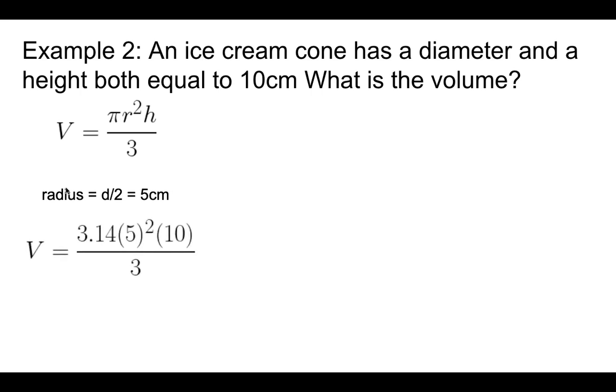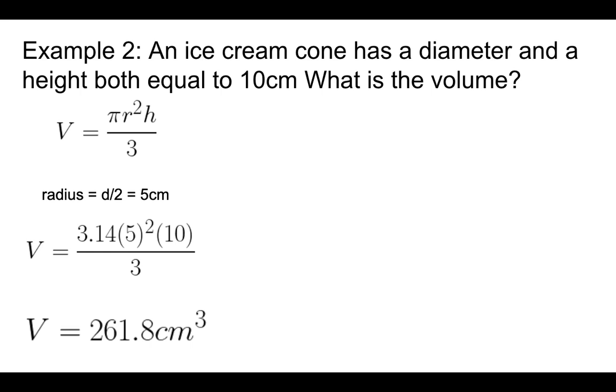So now we can sub in our values. Pi is 3.14, our radius is 5 squared, and then our height is 10. So if you put these into your calculator, 3.14 times 25 times 10 divided by 3 gives us 261.8 centimeters cubed. So that's the volume.